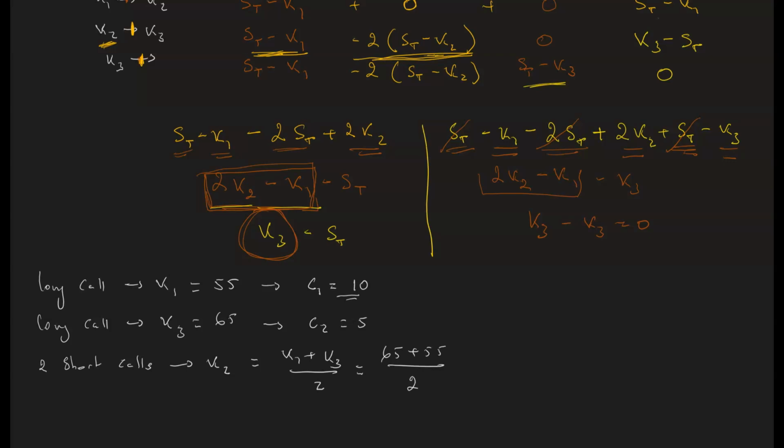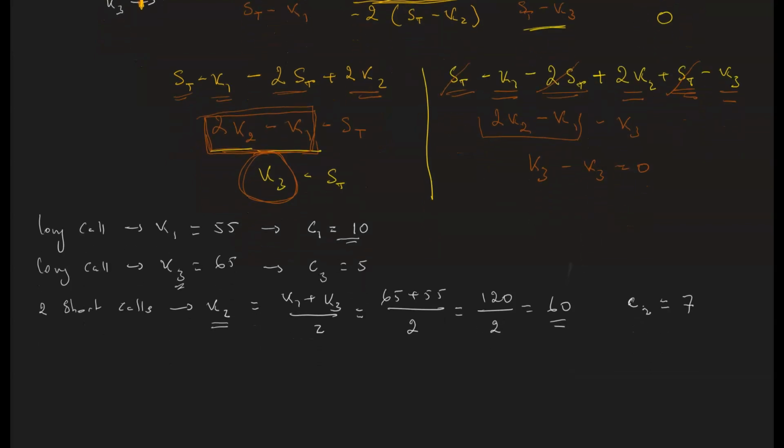And 65 plus 55 divided by 2, that's essentially 120 divided by 2, so that's going to be 60. So our strike price 2 is going to be equal to 60, and let's call this call 3 just to match the strike price here. So it's call 3, we call this call 2. And we're going to have a call premium of $7 that we're receiving.